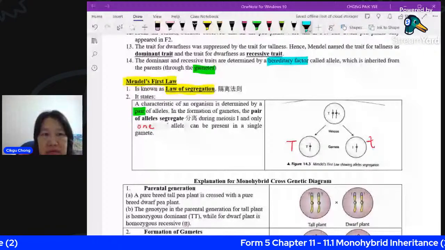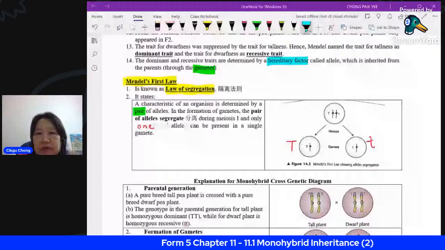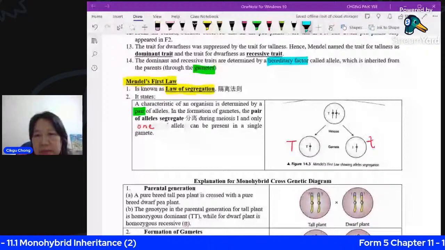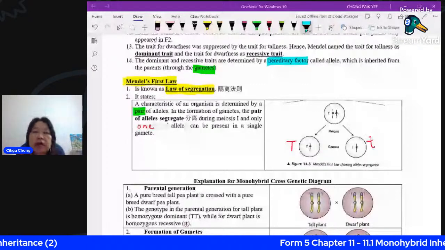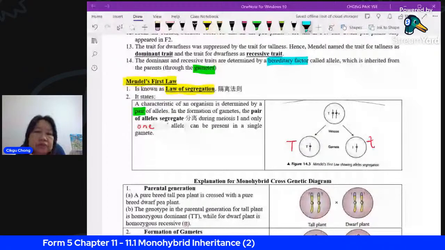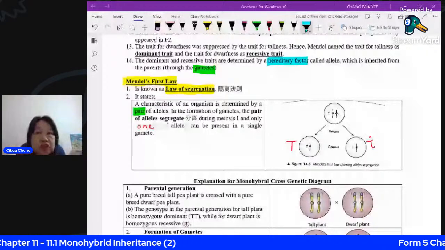For example, look at this. This is an individual that is tall. You see you have two alleles inside there, a capital T and a small t. Why? This is because of homologous chromosomes. Remember, in order to form a child, you need a father and a mother, correct?